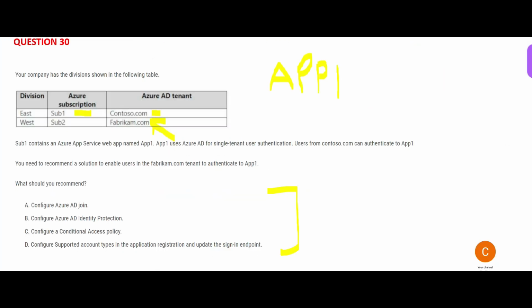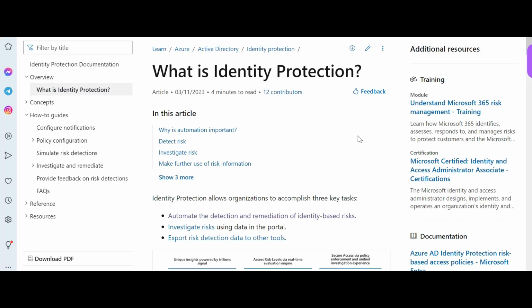See, here we want access to app 1. Who wants access? Fabricam guys. So here the problem is not that I am able to access this from my laptop but not able to access from cell phone. That is not the problem here. So A is wrong.